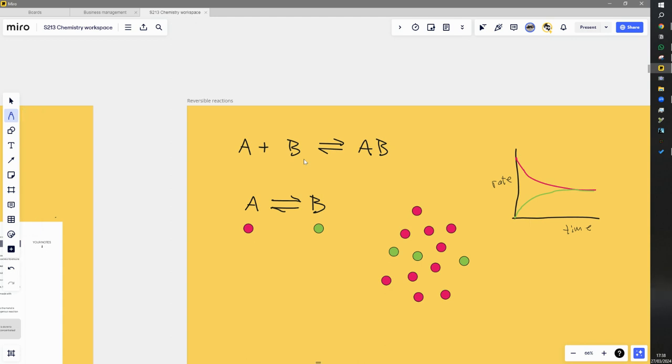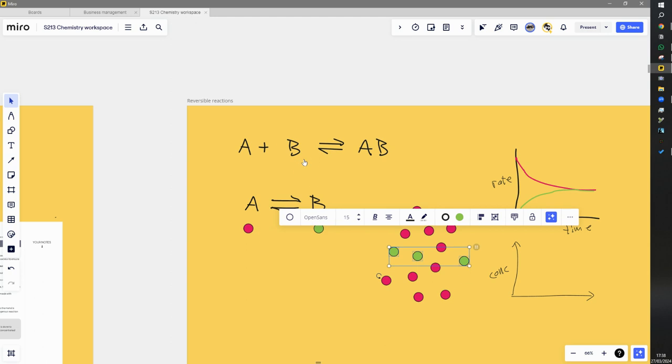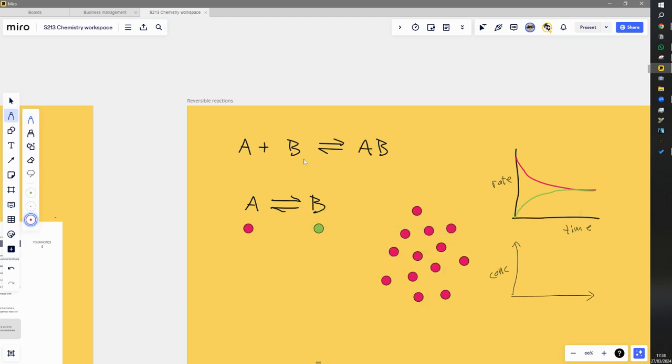Now, we have this other graph which we can draw, and this is the concentration of each one. At the beginning, we had nothing but A. So that starts off high, and then they started to react, so it reduced. But the rate at which it reduced decreased, so the gradient became less and less, and it flattened out.